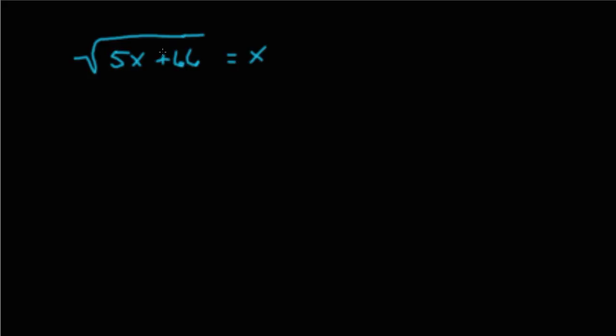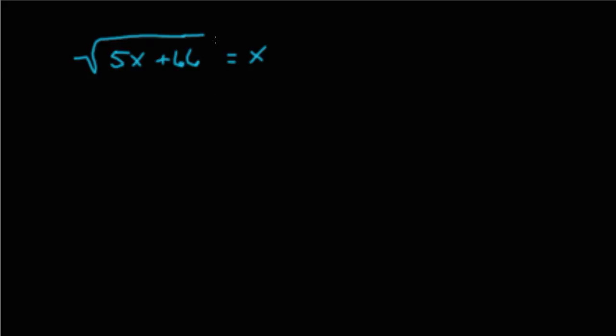So the square root of 5x plus 66 is the equivalent of x. So if we do the same thing to both sides of this equation, we're not changing this overall statement. We can add 100 to both sides, subtract 100, divide by pi, do whatever we want as long as we do it to both sides of the equation.